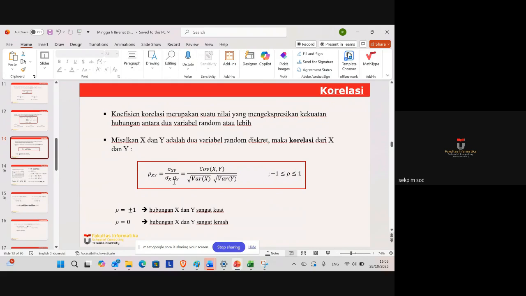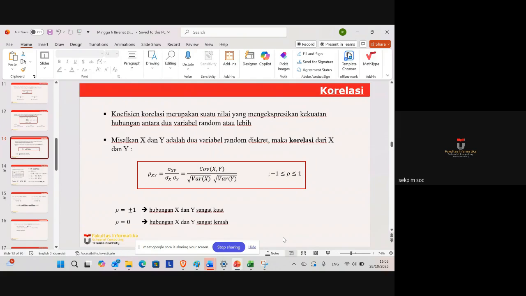The value lies between -1 and 1. As I explained last week, when the correlation is 0, it means the two variables are not correlated, not related, right?